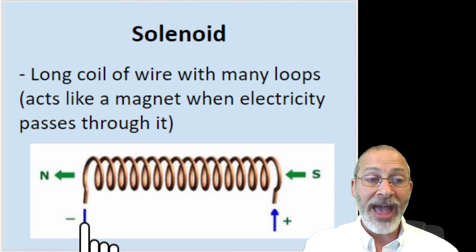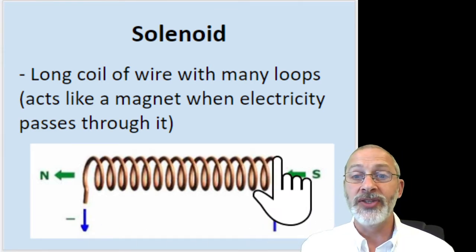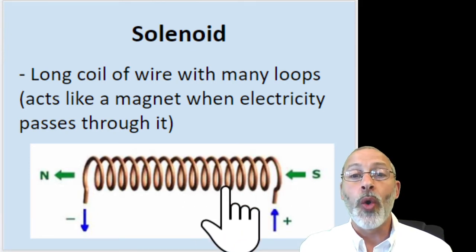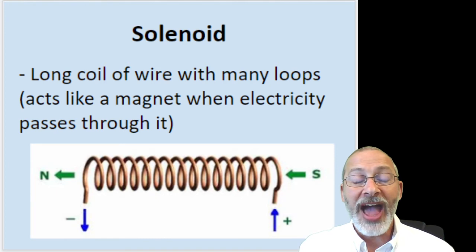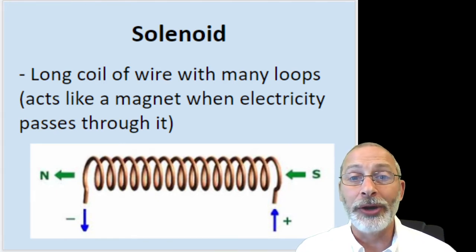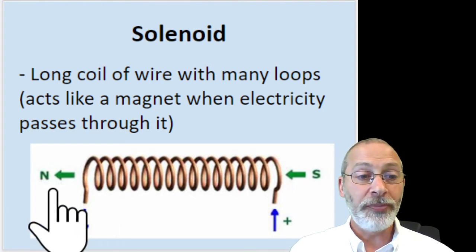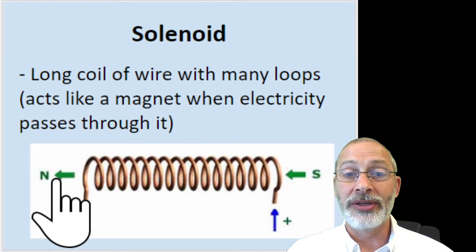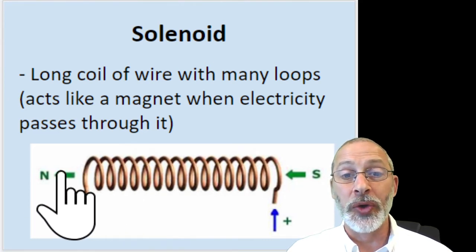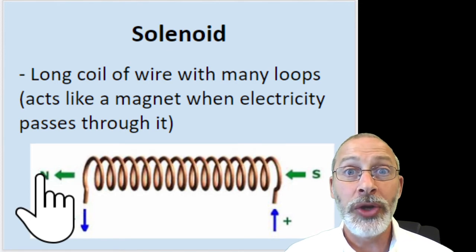So when you pass electricity, the flow of electrons through a coiled wire with many loops in it, that coiled metal wire becomes a magnet with a north pole and a south pole. And under the right circumstances, the north side of that solenoid will always point north.